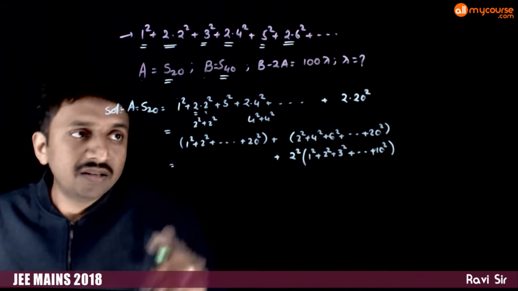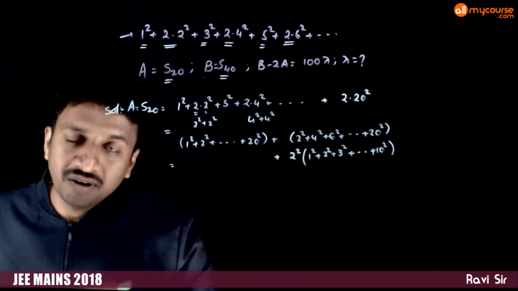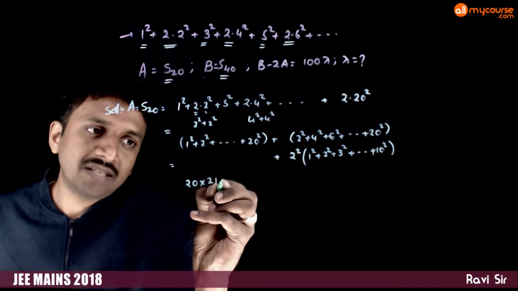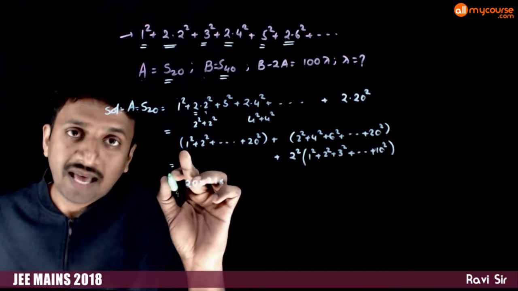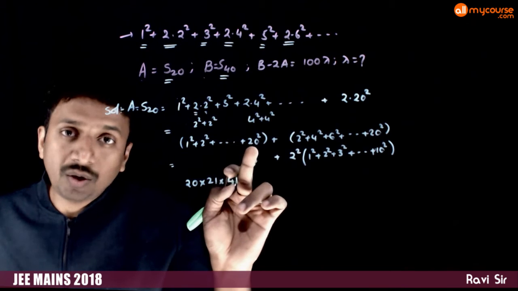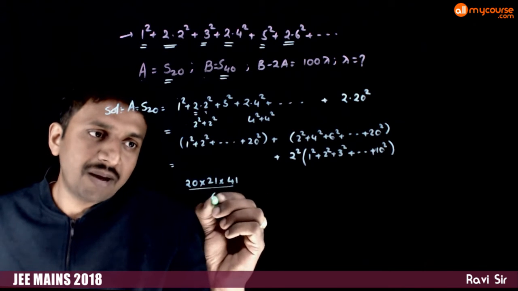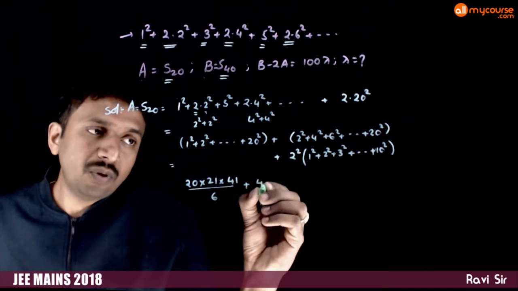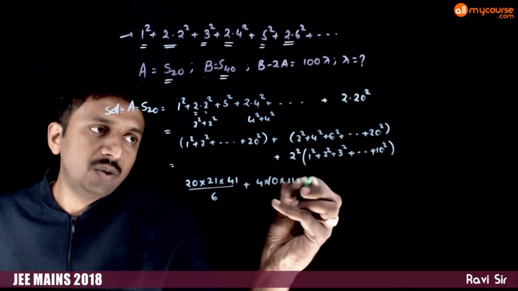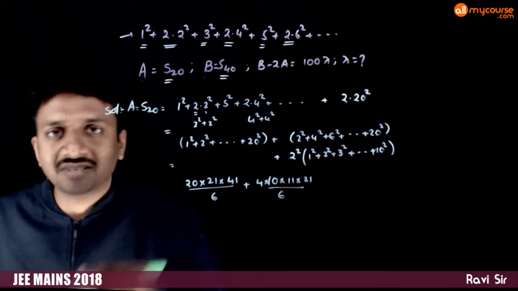You know the formula for sigma n square: n into n plus 1 into 2n plus 1 by 6. So we get 20 into 21 into 41 by 6 plus 4 times 10 into 11 into 21 by 6.